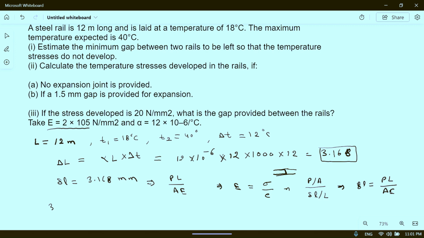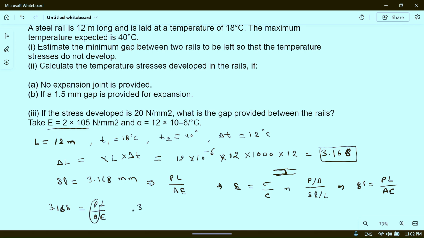So 3.168 is equal to PL upon AE. So this P upon A is stress.